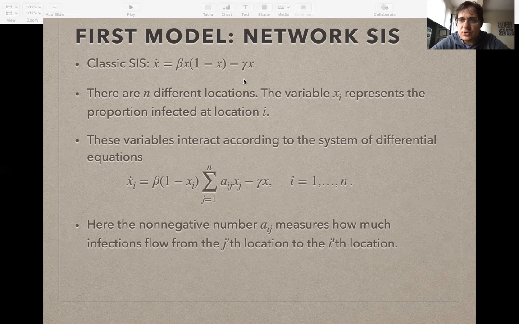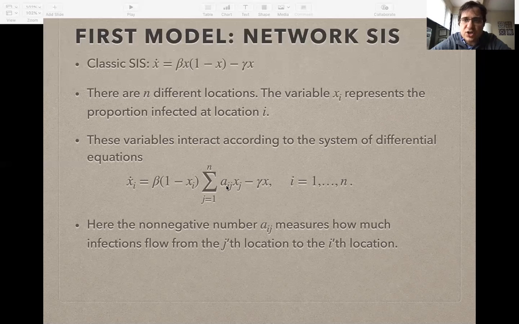And so the way to do this, okay, I call this a network SIS model. Sometimes it's called a compartmental SIS model. You basically now have n variables, and the differential equation satisfied by the ith variable, xi dot, basically goes proportional to 1 minus xi, the fraction of people at location i who are not infected. And when that multiplies the variable xj, the proportion of infected people at location j, it gets multiplied by this coefficient aij.